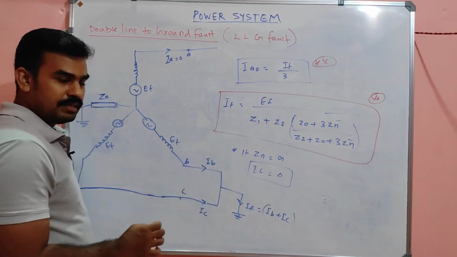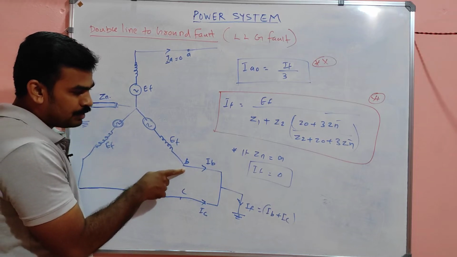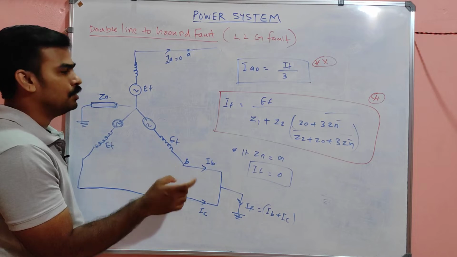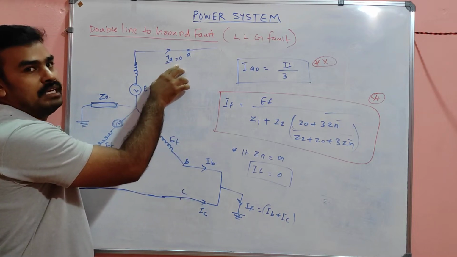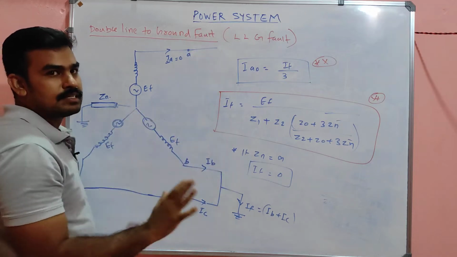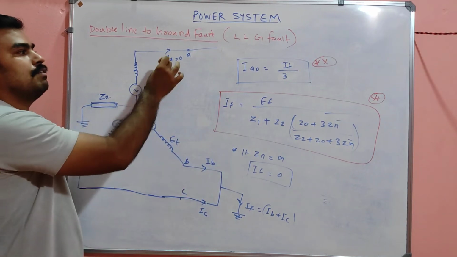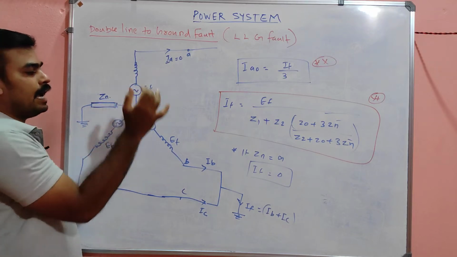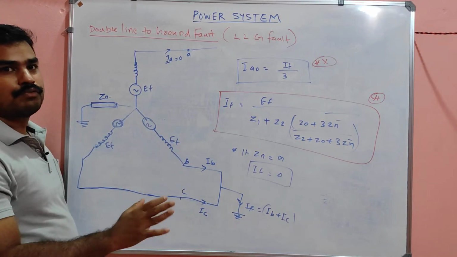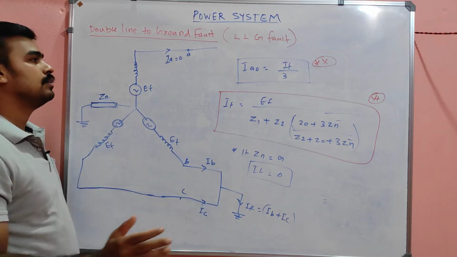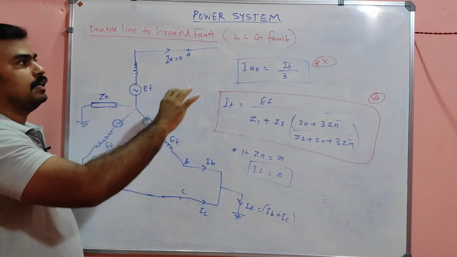So what happened, my dears? IB is the current flowing at the instant of fault. IA equal to 0 means there is no load connected initially, so there will not be any fault current in phase A. IA, IB, IC are the currents before fault, and before fault means normal.